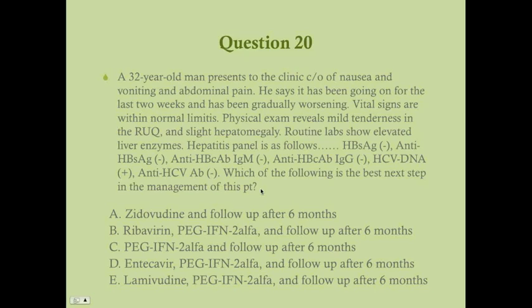Okay, so what do we do for this patient? He's got positive hepatitis C DNA. Answer is B. Ribavirin, pegylated interferon 2-alpha, and follow-up after 6 months.